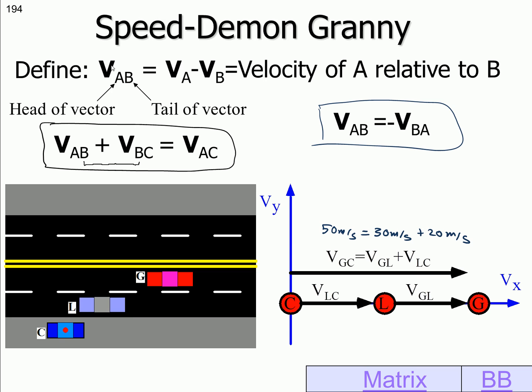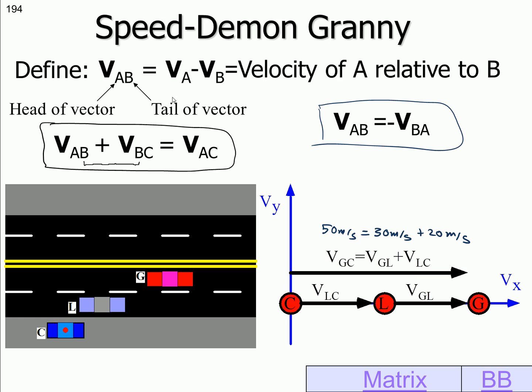We say that VAB is the velocity of A relative to B. So we imagine that B is the observer, and B is watching A, and A has a velocity VAB. So we can think of this as, in some absolute sense, as the velocity of A minus the velocity of B from some third vantage point.